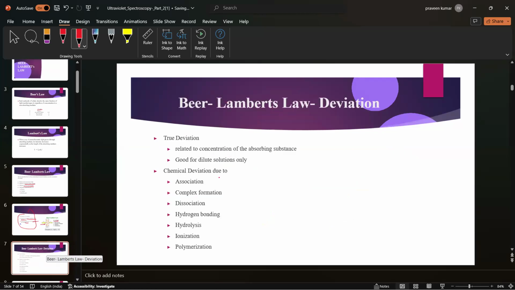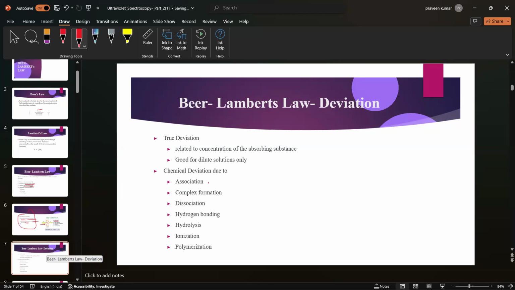Deviation also occurs. As I mentioned, whenever a solution comes for UV analysis, no chemical reaction must occur during analysis, because a chemical reaction can cause deviation from Beer-Lambert's law.